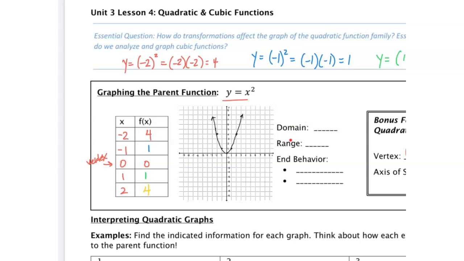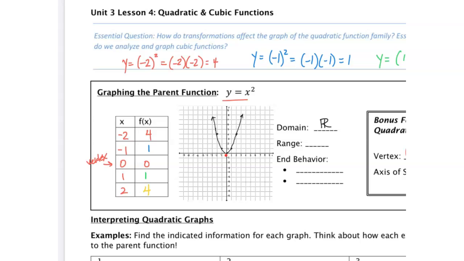Your domain, your range, and your end behavior are the next things that we'll identify here. For quadratic equations, our domain is all real numbers, and our range will depend on the lowest or the highest part of our quadratic. Usually you want to look at your vertex. Vertex being the lowest part of our U shape in this case.